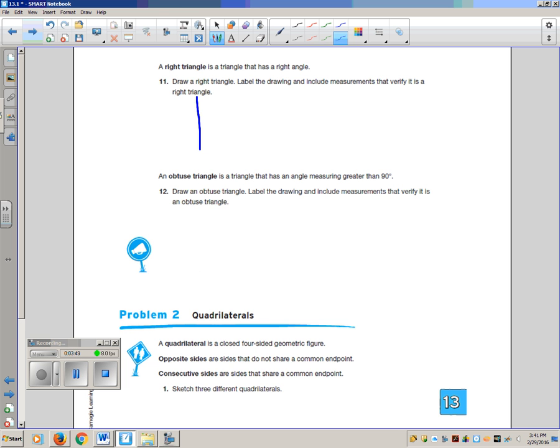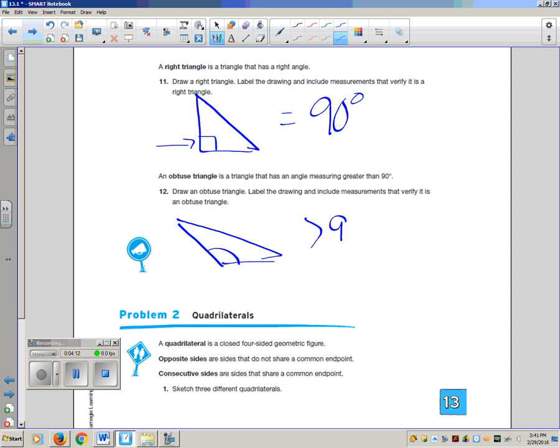You've done this before. Make sure you put that little symbol there. That designates it as a right angle. That equals 90 degrees. Obtuse. Got to have one angle that is obtuse. Obese, fat, more than 90, greater than 90.